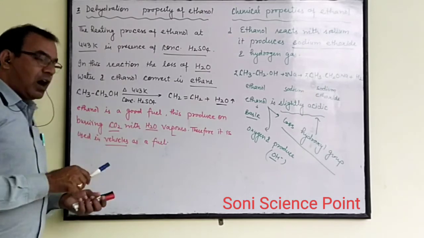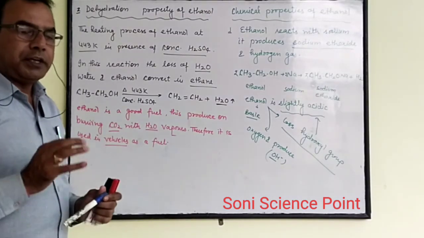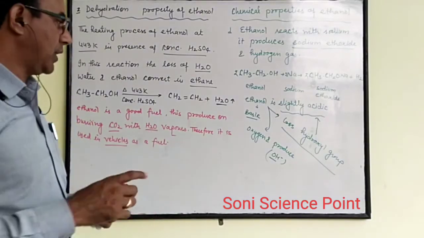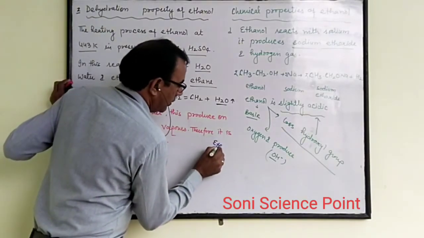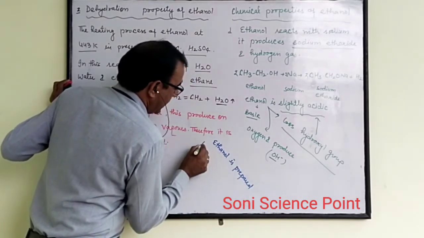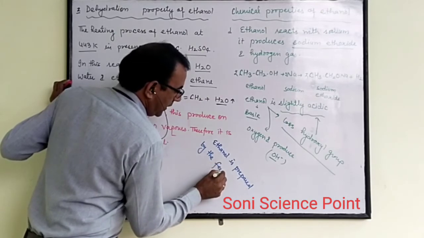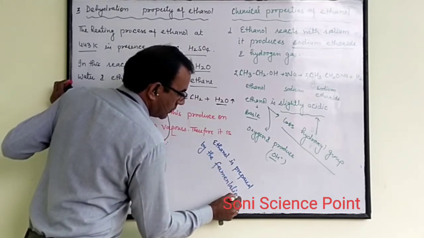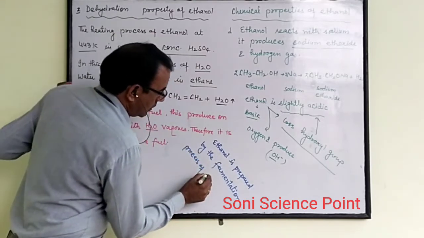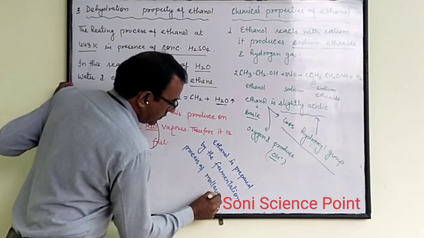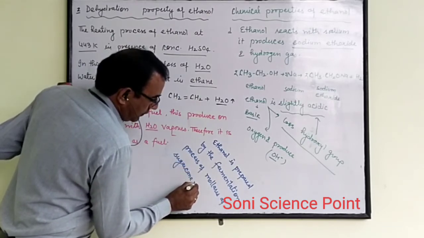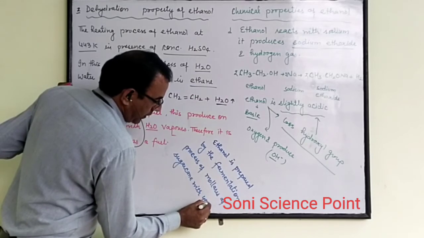Next is how we can prepare ethanol. Ethanol is prepared by the fermentation process of molasses of sugarcane, with yeast powder.